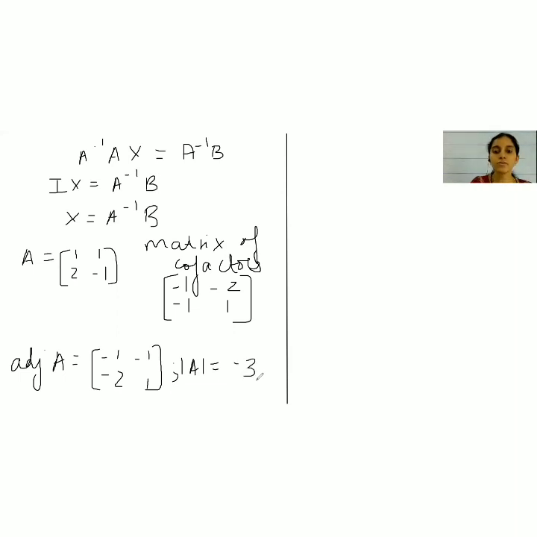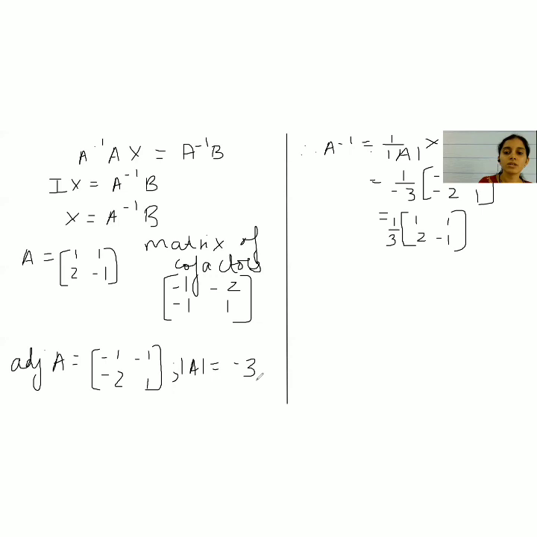Therefore, A inverse is 1 upon determinant of A multiplied by adjoint of A. So this will be 1 upon minus 3 multiplied by our adjoint, which is minus 1, minus 1, minus 2, and 1. I'll just put the minus sign inside. So we'll have 1 upon 3 outside, 1, 1, 2, and minus 1.